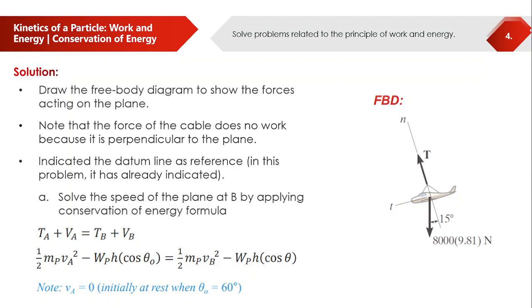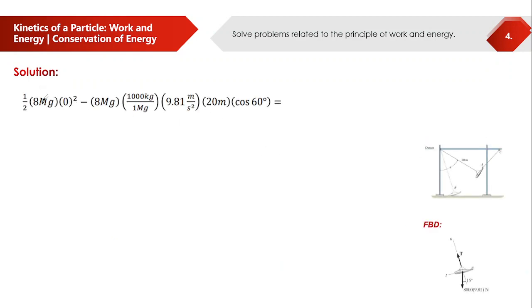Okay? So, let's compute. So, 1/2, 8 megagrams, this is the mass, times 0 because it is at rest, minus its potential energy initially, so 8 megagrams, 1,000 kilograms per megagram, we converted megagrams to kilograms so that we get newtons, multiplied by the acceleration due to gravity, which is 9.81 meters per second squared, times 20 meters, so this is your height, no?